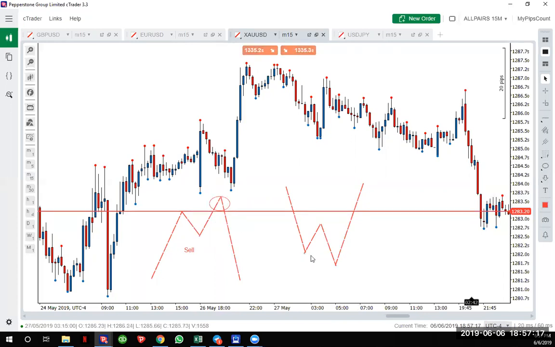Similarly with the W, here we have price going down, creating a low, pulling away from that low, then creating a lower low than the first.